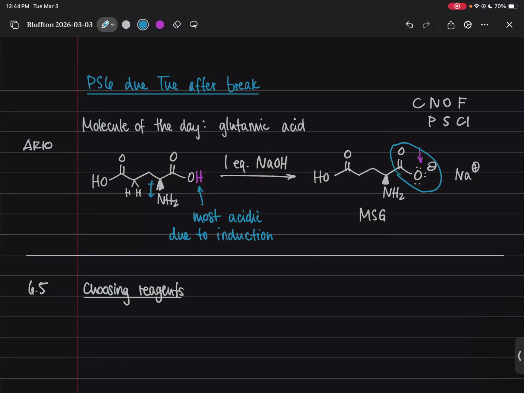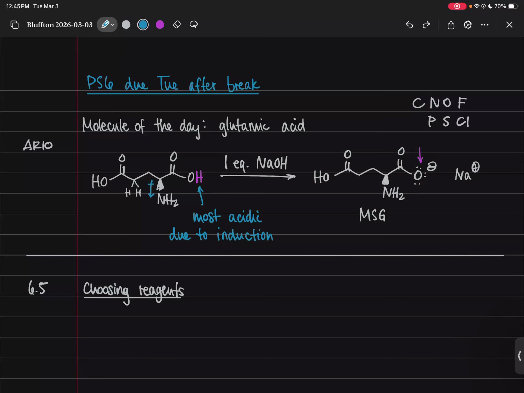And then I haven't drawn the other one as a conjugate base, but imagine if that hydrogen were not there, we'd have a conjugate base over there, and there's resonance stabilization all throughout that carboxylic acid. And so both of the conjugate bases are resonance stabilized, so that resonance does not give us a decision.